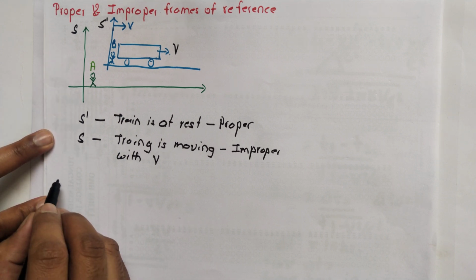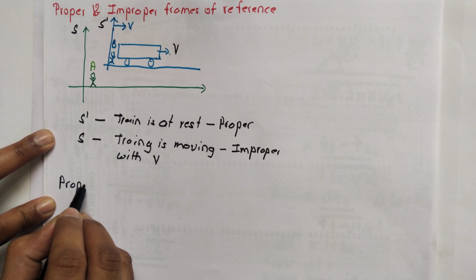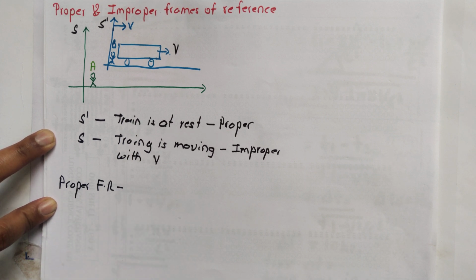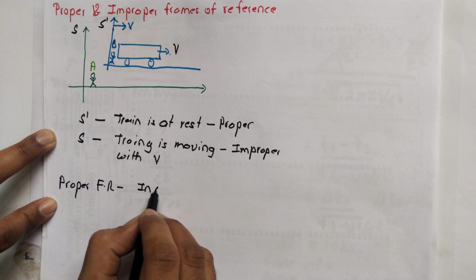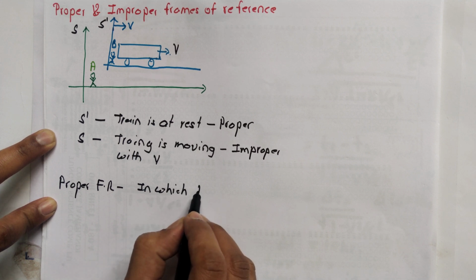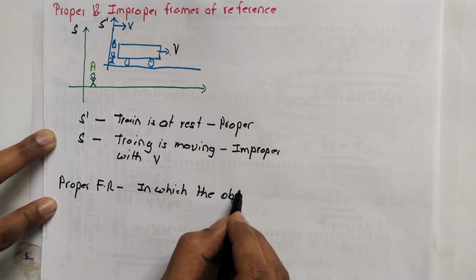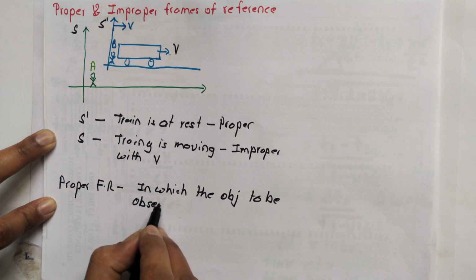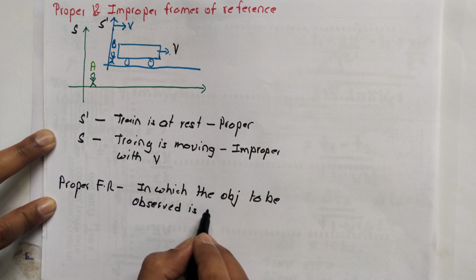To define this, a proper frame of reference is that frame in which the object to be observed is at rest.